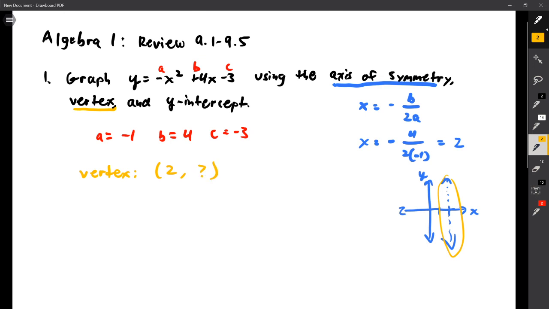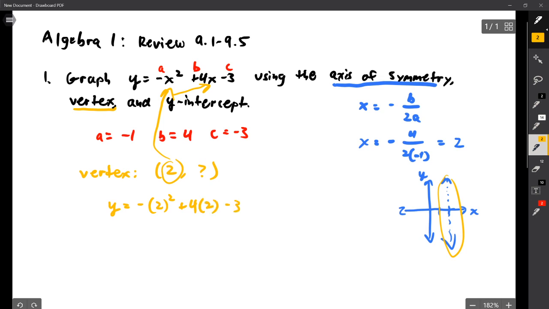So we find the y value by plugging the x value in for x in our equation and seeing what we get for the y value, because y equals stuff on the right-hand side. So what we know is y equals negative 2 squared plus 4 times 2 minus 3.